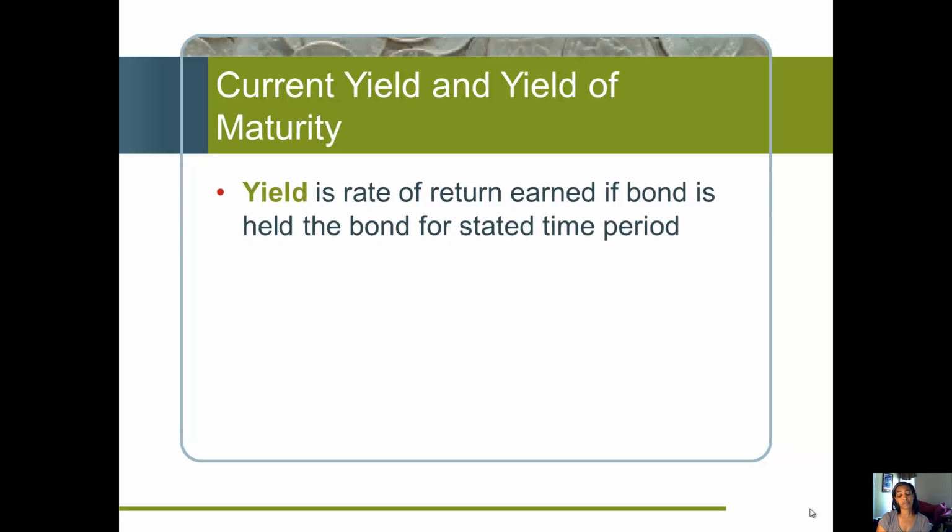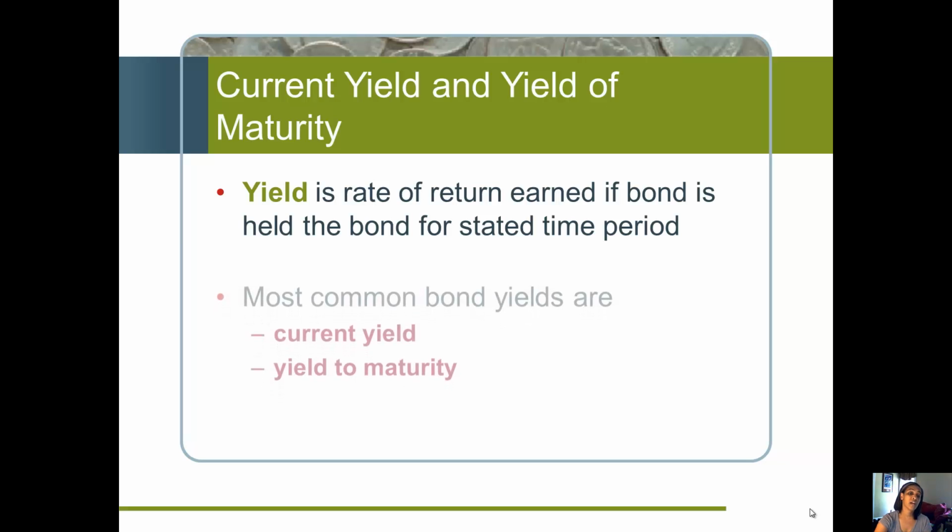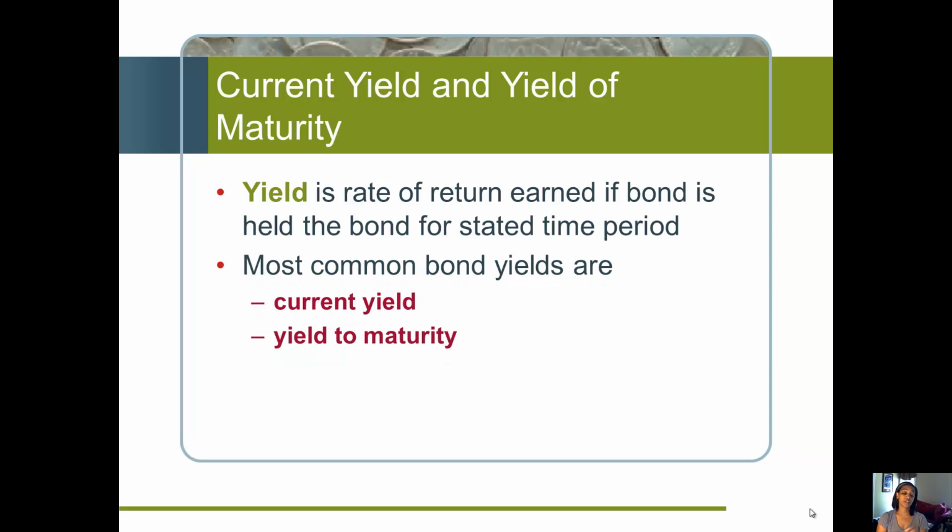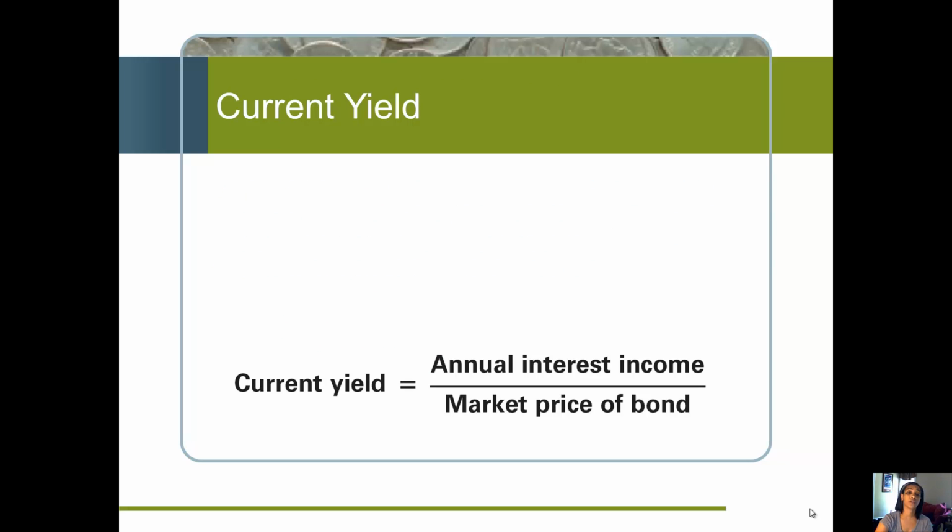Some other measures that we should be aware of with respect to bonds are related to yield. Two different types of yield. So yield is a rate of return. One type of yield is a current yield, which is measuring the return that comes from the coupon payment. And the other is the yield to maturity, how much we would earn in total if we held that bond until maturity.